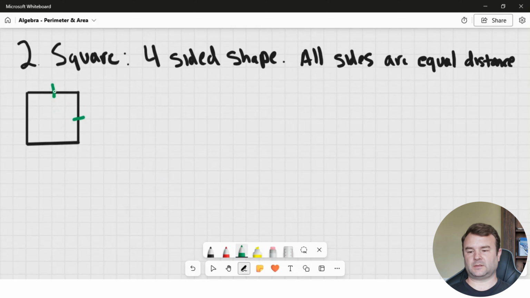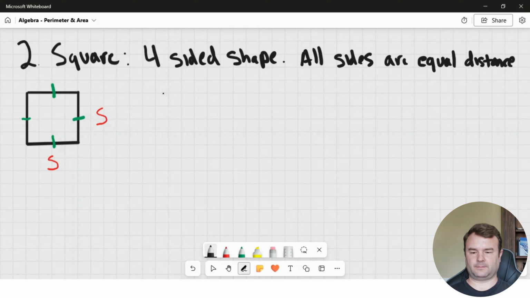And with this notation, you can see that both of these sides are equal distance, but the opposite sides of these are also the same measure. Here, we're going to use the letter S to define the measure of a side. So S is the symbol that we'll use to define the measure of the side of a square.